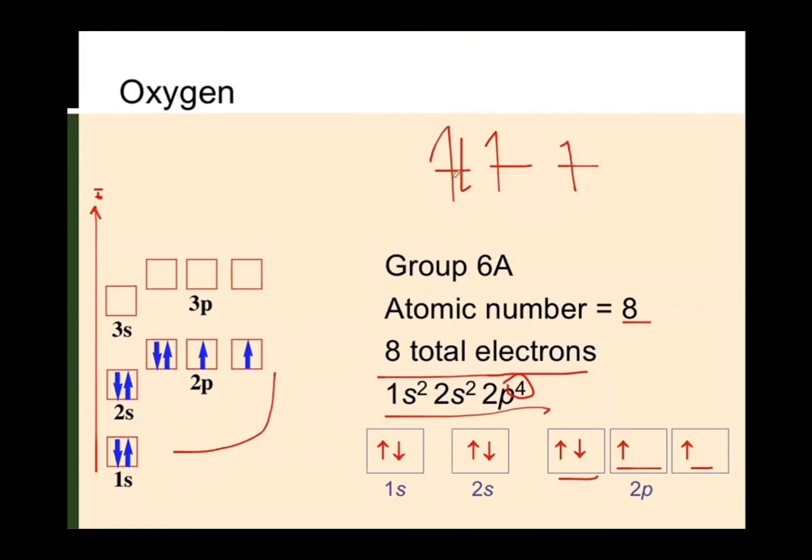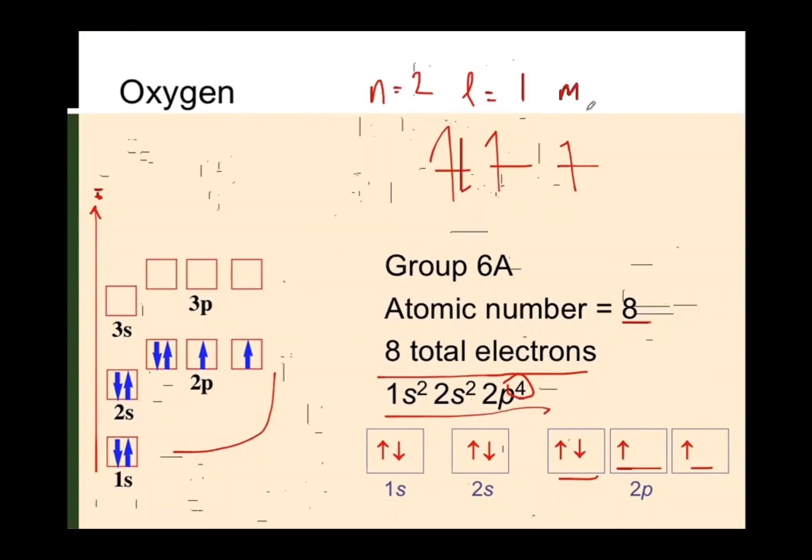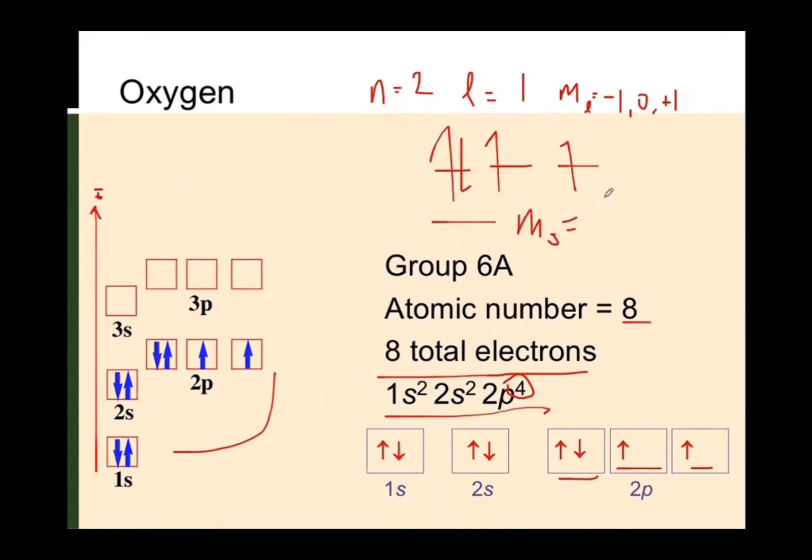All of the 2p orbitals have n equal to 2, l equal to 1, and then ml is equal to -1, 0, +1. Okay. So we can then fill in the electrons like that. So if, for example, this one here was -1, then we have ms values of plus a half and minus a half.